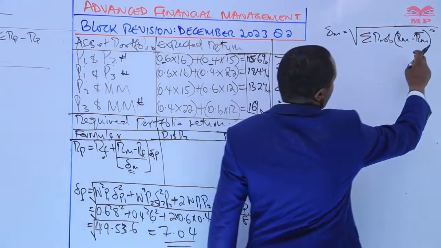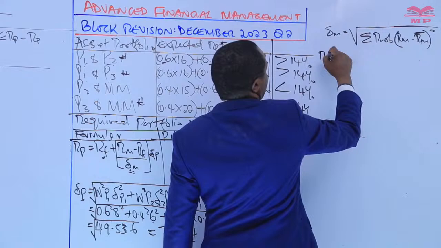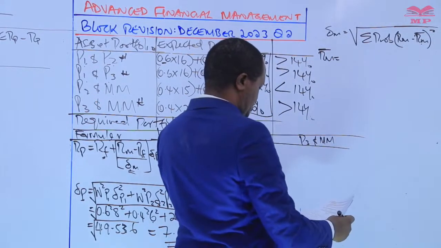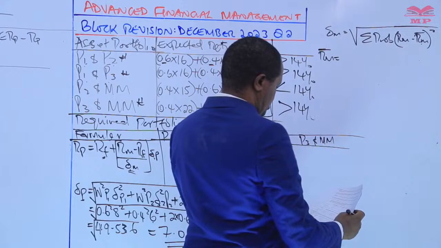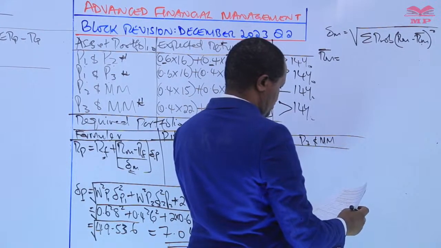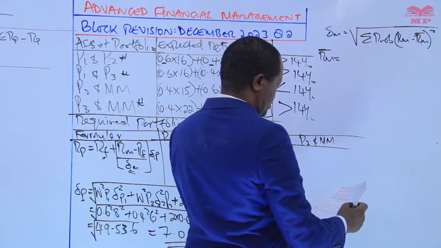So we are going to first of all calculate the expected return, RM, which we will get the figures from note number 2. Under additional information, we have 0.3, 0.4, and 0.3. Therefore, the expected forecasted rates of return are 10, 15, and 20 respectively.